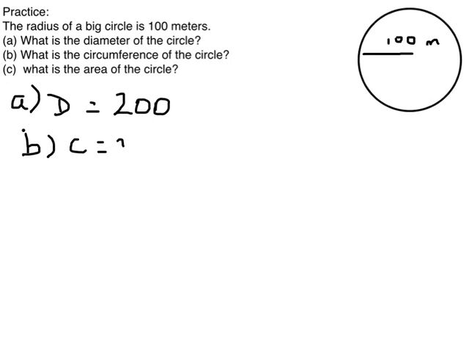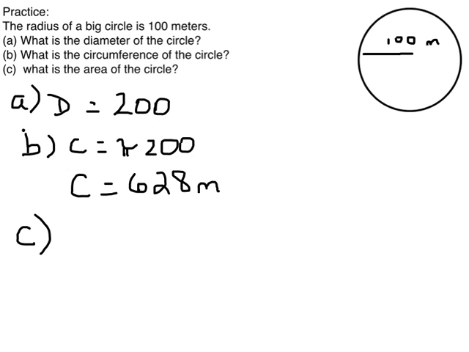Circumference equals pi times diameter, and I just found out that the diameter is 200. So if I say 200 times 3.14, I'm going to get 628 meters. Remember, that's not squared, it's not area.